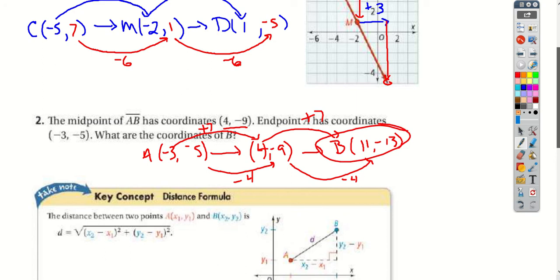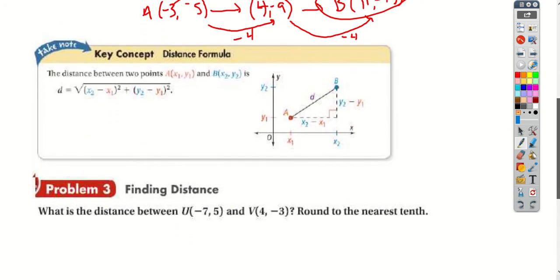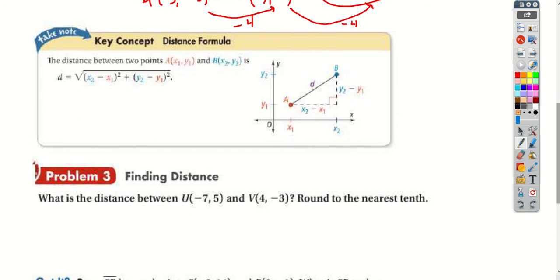The next one is the distance formula. The distance formula is essentially just the Pythagorean theorem. To figure out the distance between 2 points, I count the rise and the run to get from one point to the other. To get from A to B, I have to move over a certain amount, left to right, and then up or down a certain amount. This amount we'll call a, and this amount we'll call b.